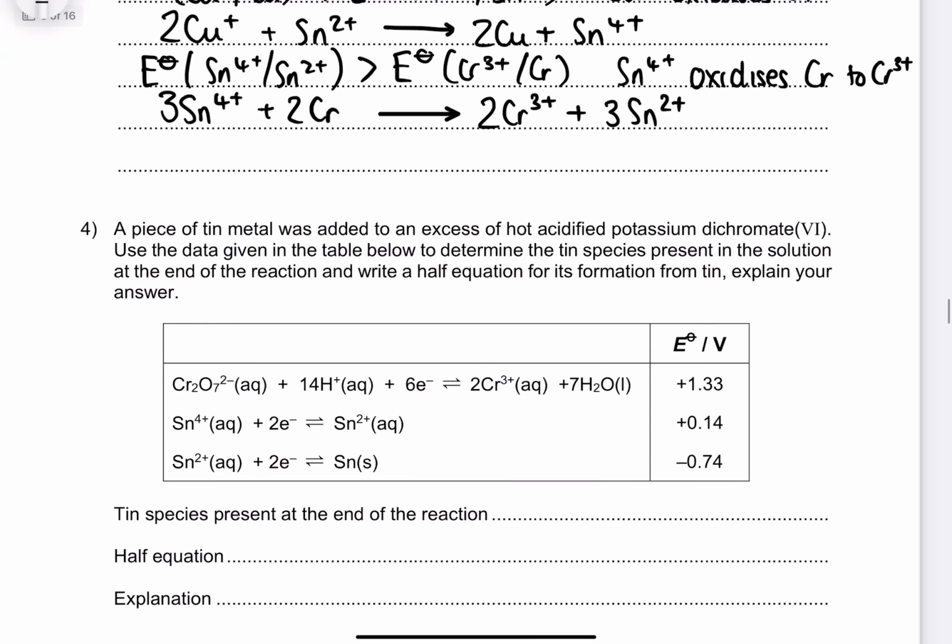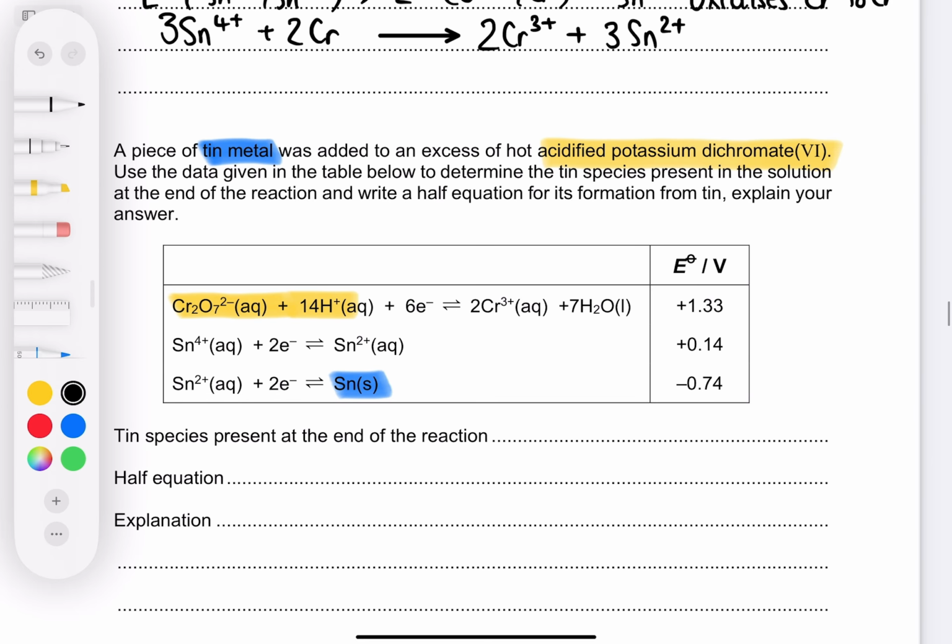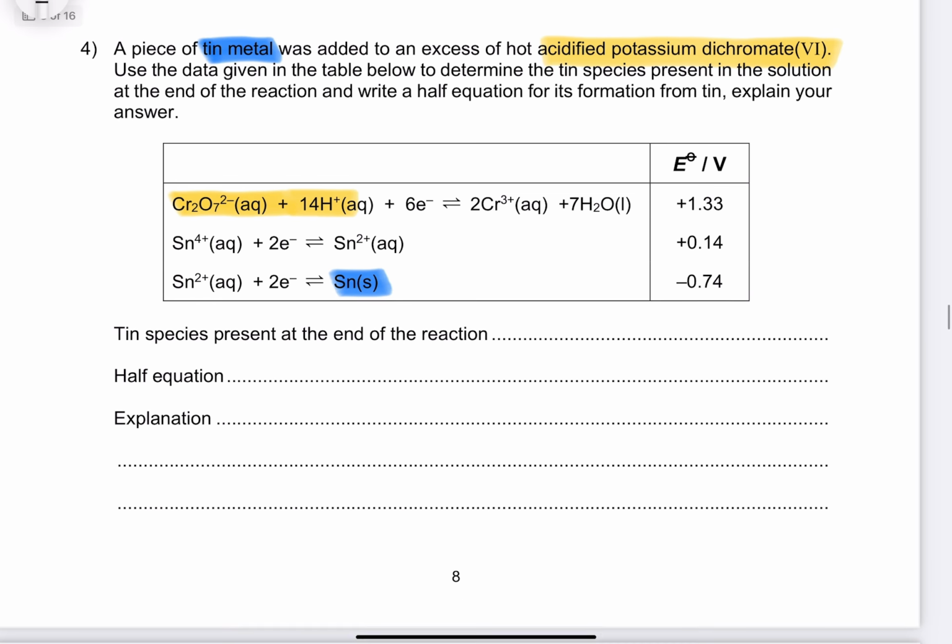Right, our next question says a piece of tin metal, which is Sn, is added to an excess of acidified potassium dichromate(VI), which is this. Use the data in the table to predict the tin species present at the end. Okay, so I'm going to do the explanation first because it'll help us come up with the answer.